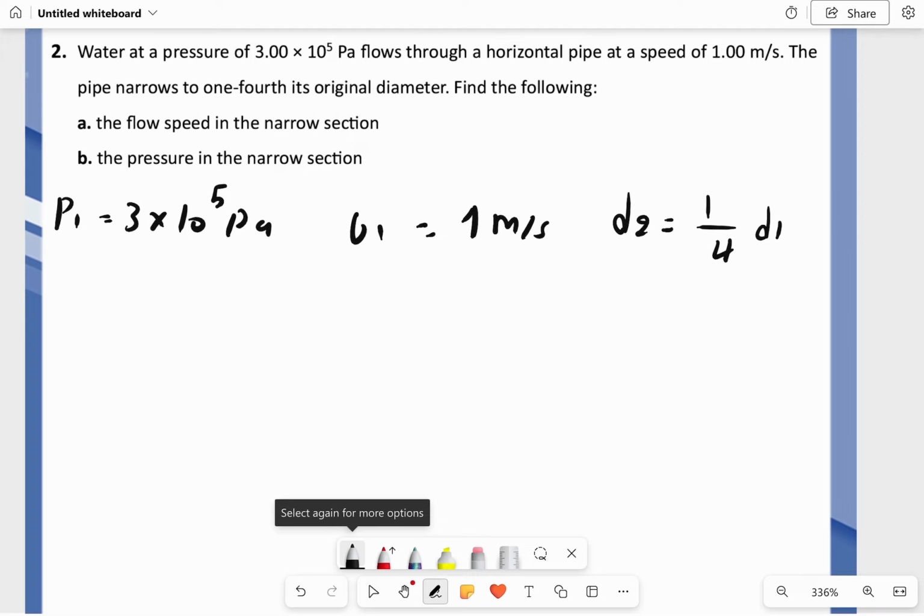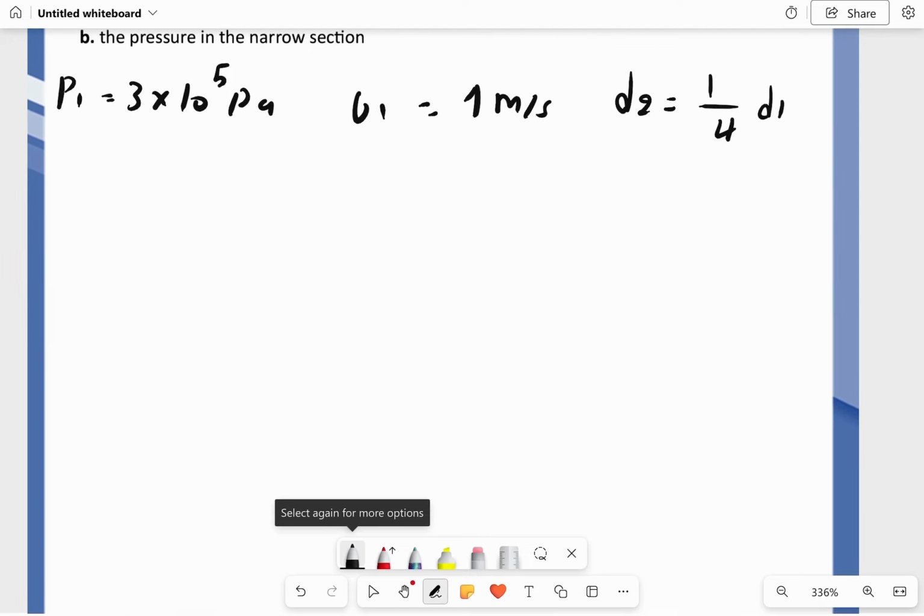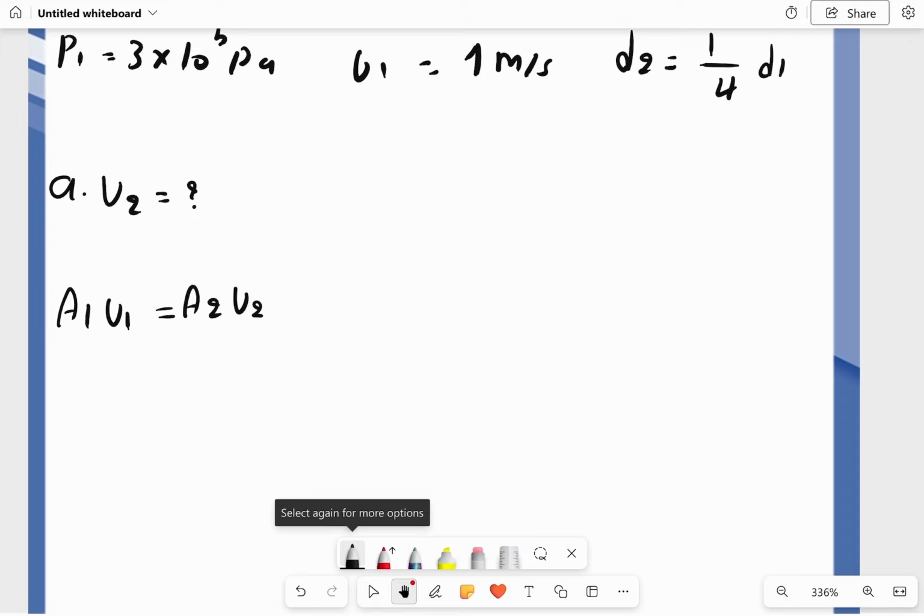Find the following. A: what is V2 equal to? As you remember from the continuity equation, A1 multiplied by V1 is equal to A2 multiplied by V2. We want to find V2, so divide both sides by A2.